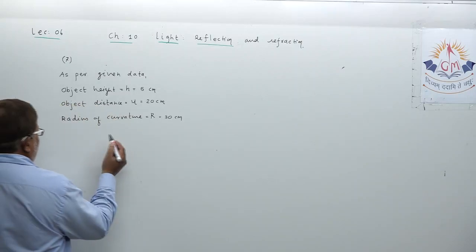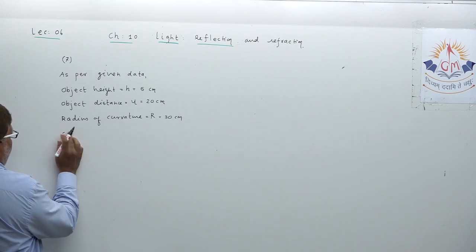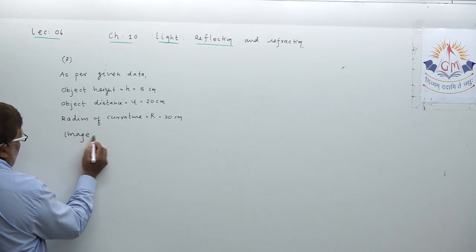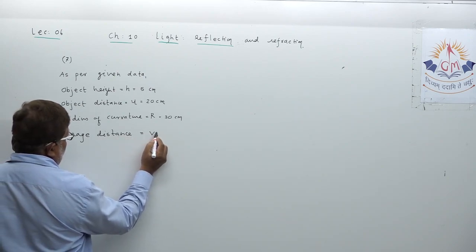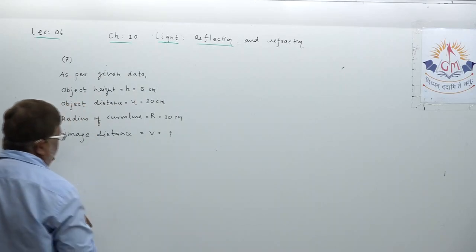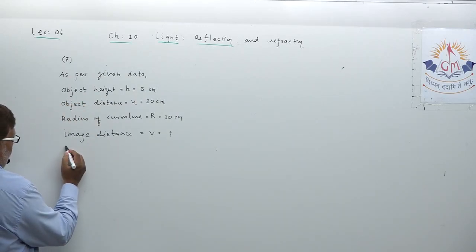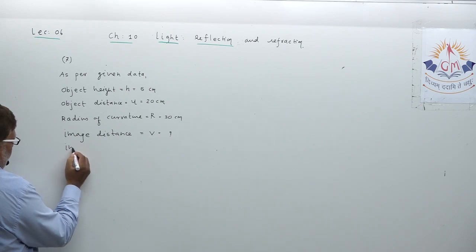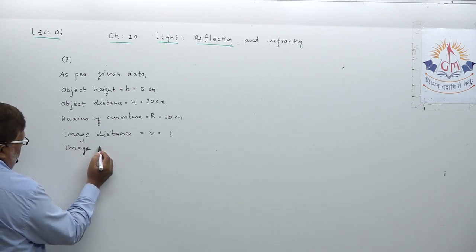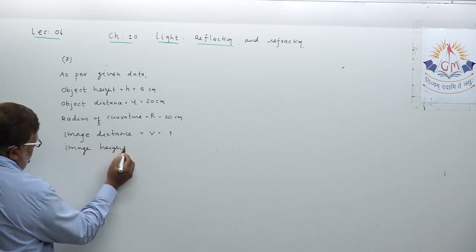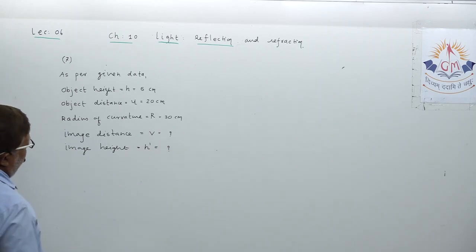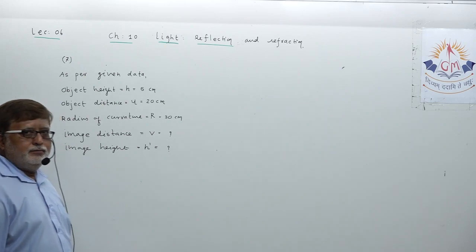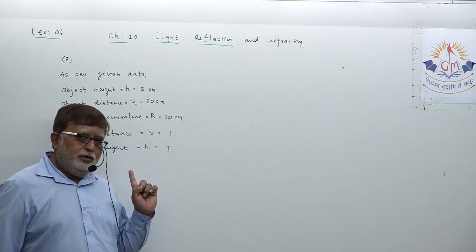So dear student, first you have to find image distance, which we represent by V. Also, to understand the size of the image, the image height, that is H dash by symbol, is our target too.